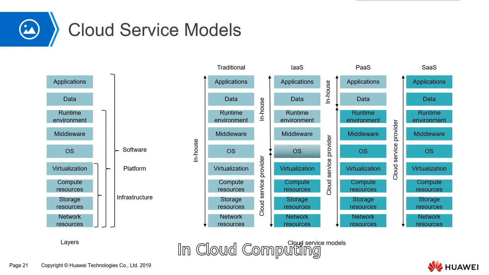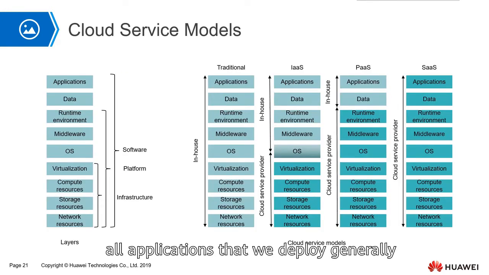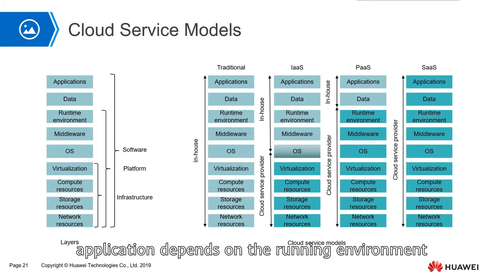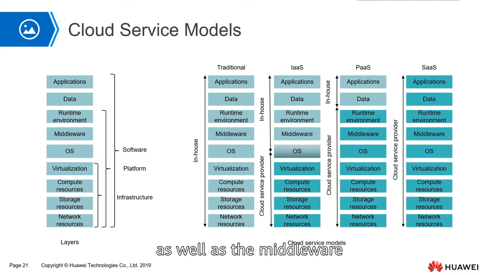In cloud computing, all applications that we deploy generally follow a unified hierarchy, and the application is ultimately presented to the user. The normal operation of the application depends on the running environment, as well as the middleware and the operating system.